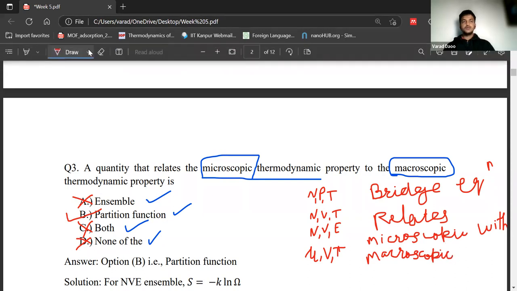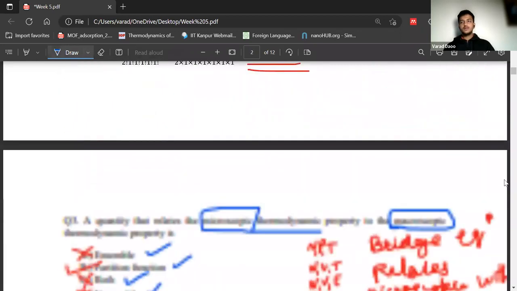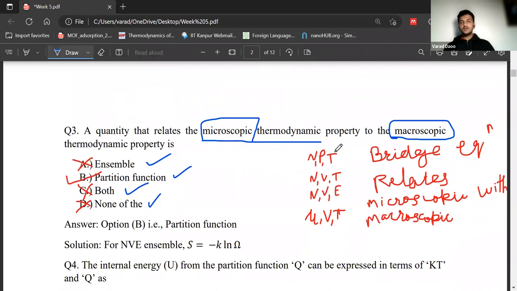Bridge equation, right? So the bridge equation will be different for NPT, different for NVE, different for NVT, different for MUVT, right?